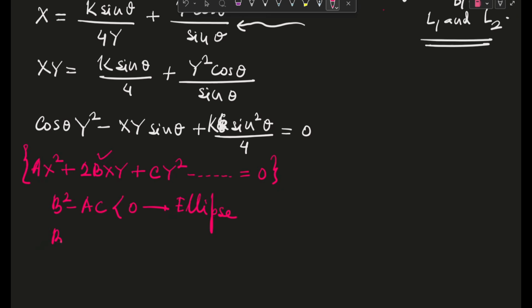If your b square minus ac is equal to 0, it is a parabola. And if your b square minus ac is greater than 0, then it is a hyperbola. This is an important concept that we are going to use here.